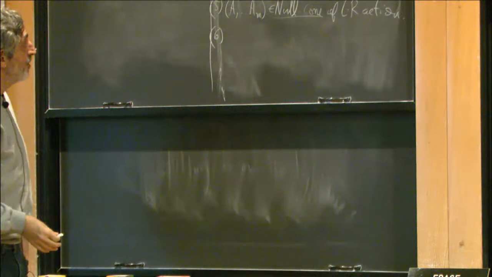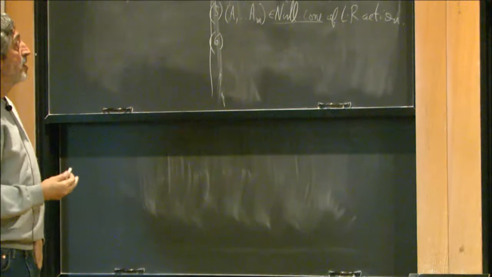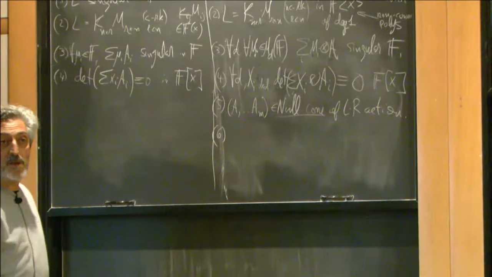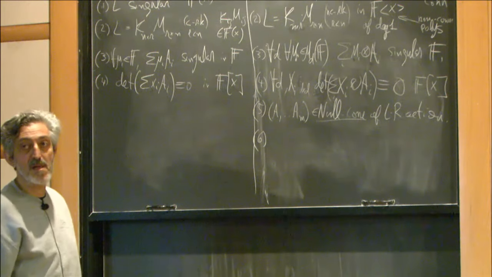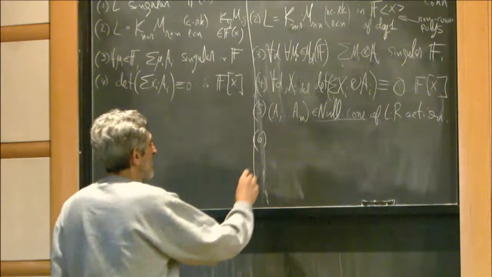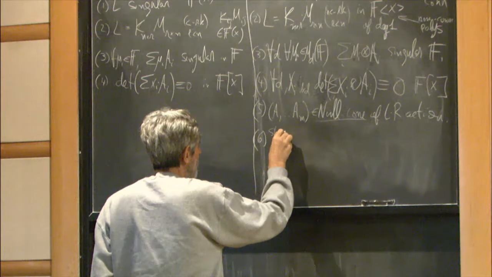And one of them is what's called that L is rank decreasing. Rank decreasing, it shrinks, so it has a shrunk subspace. Sometimes it's called shrunk subspace.